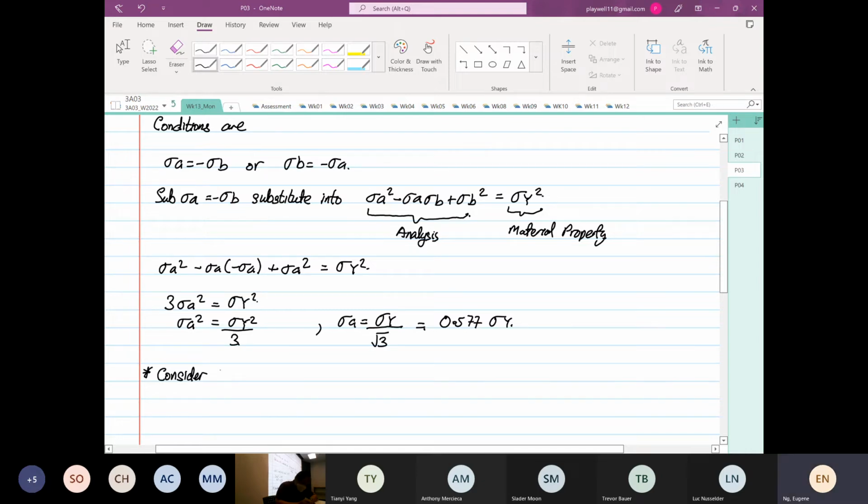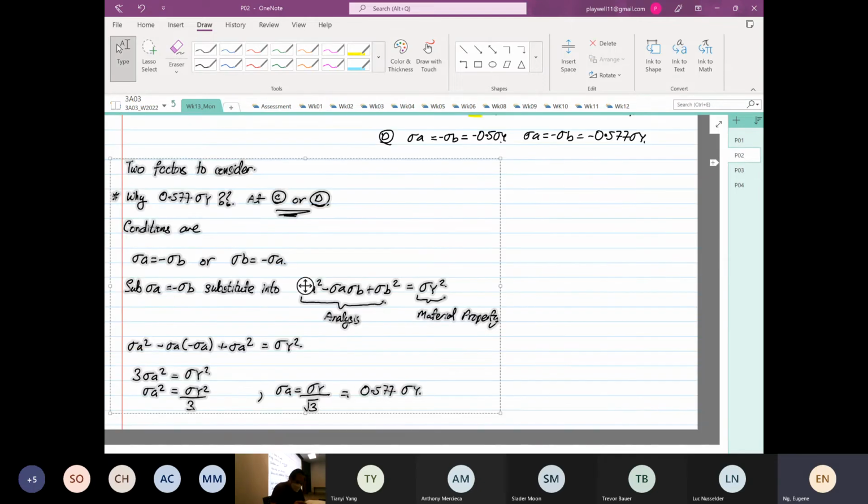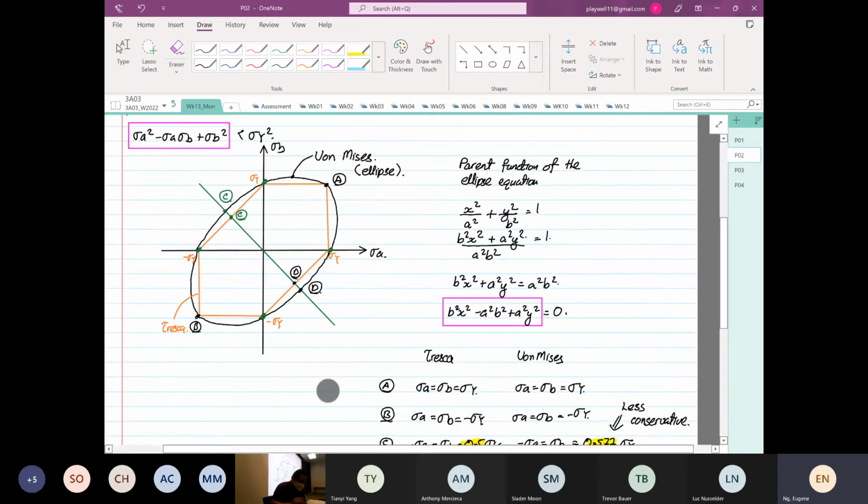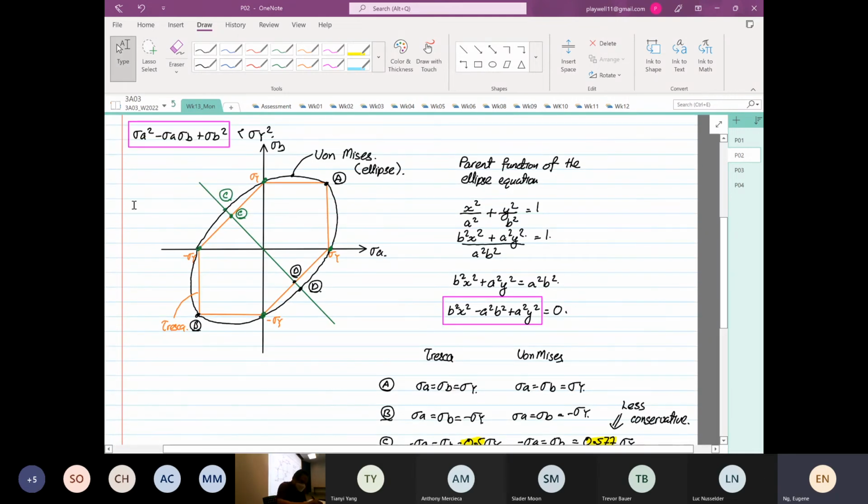We have to also consider the stress state along line CD. Line CD, as in this line over here, is our line CD. So this line that I'm going to highlight, this is our line CD.